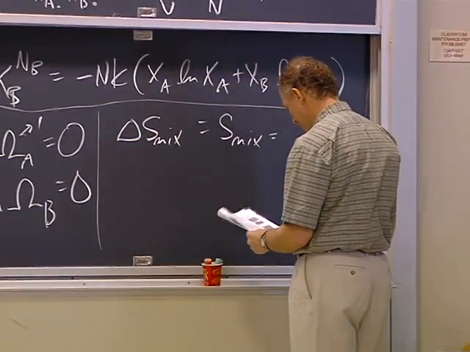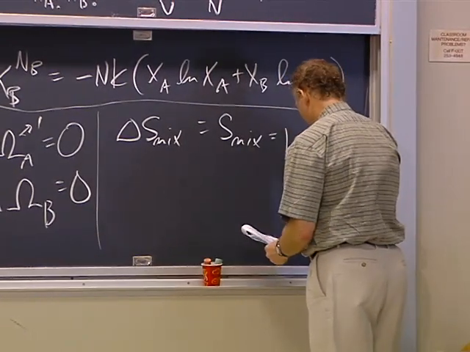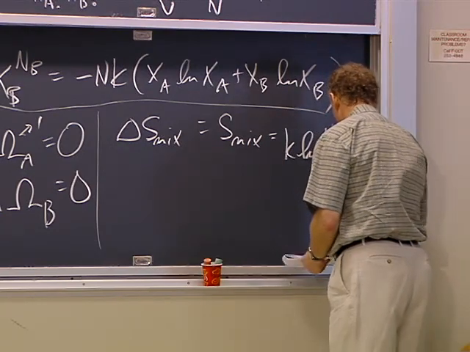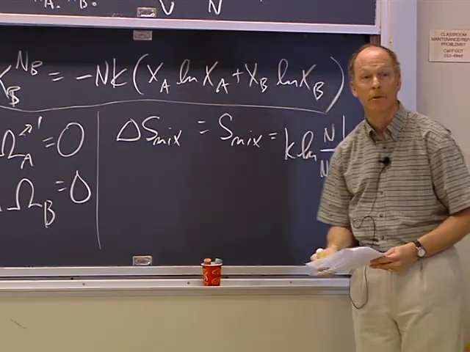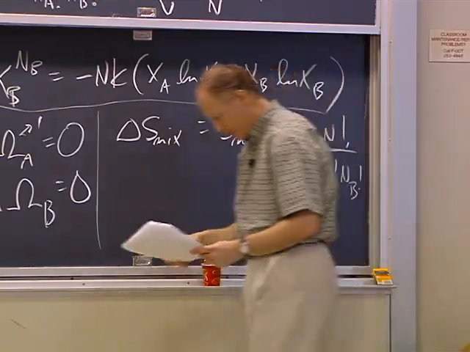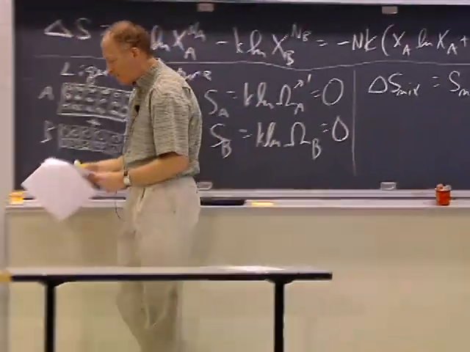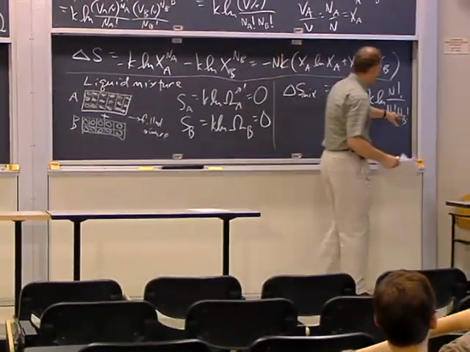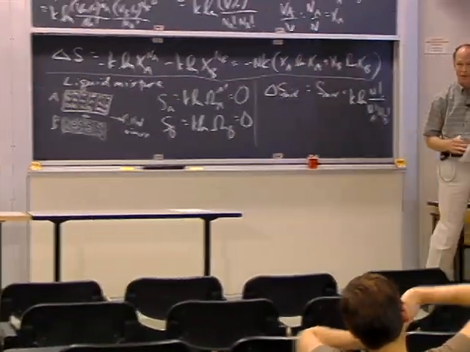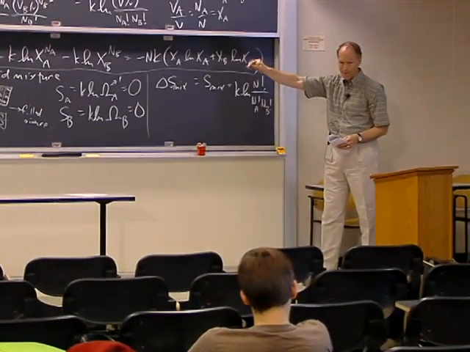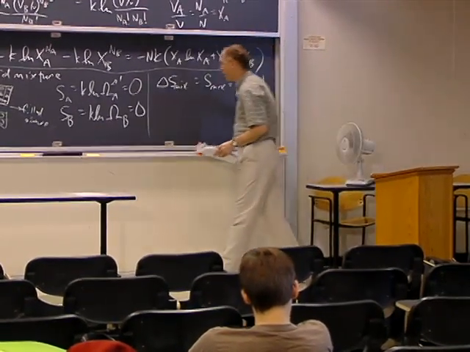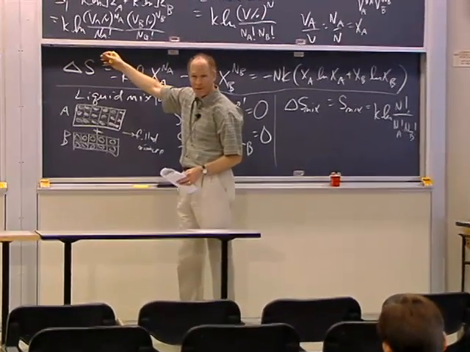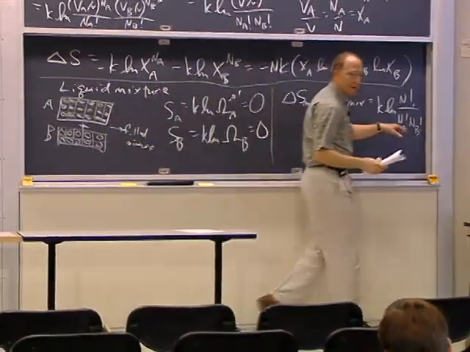Okay. Now, this is going to be k log of N factorial over N_A factorial N_B factorial, like we've seen before. That's not different from before, except that unlike before, we don't have the convenient and simple cancellation of the factorials. That happened before because they were there in the entropy contribution in the gas phase as well, in the pure gas. They're only there here in the liquid.